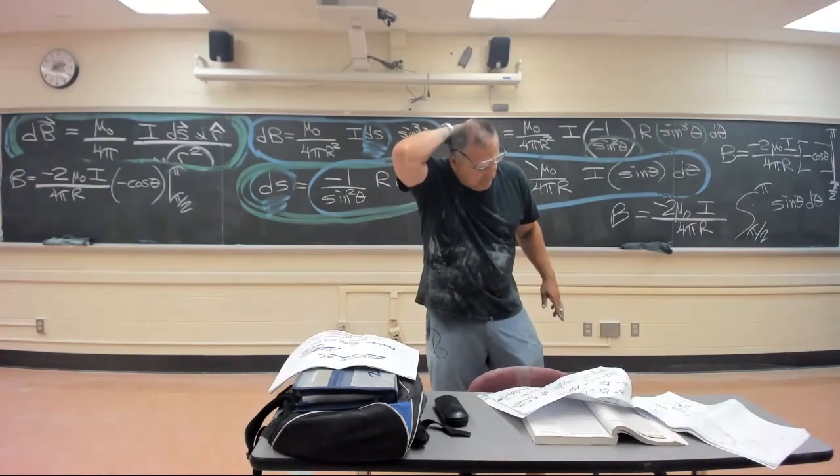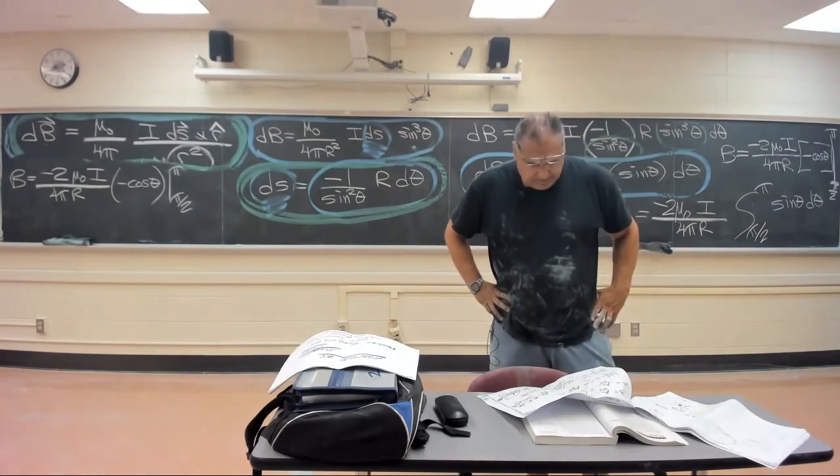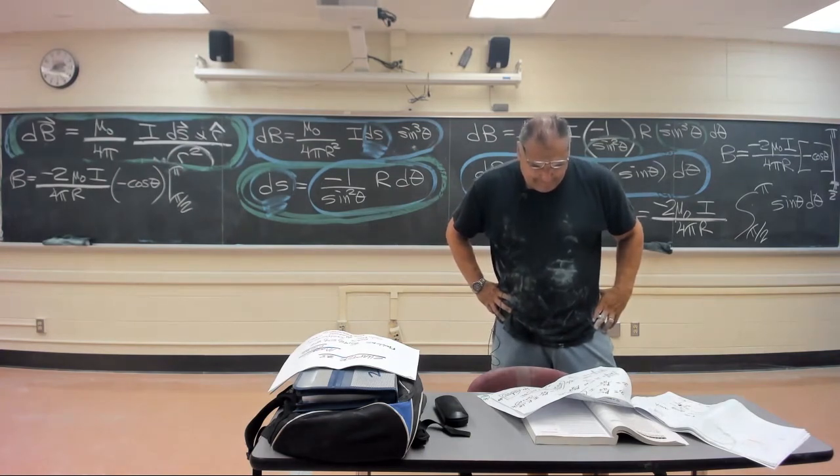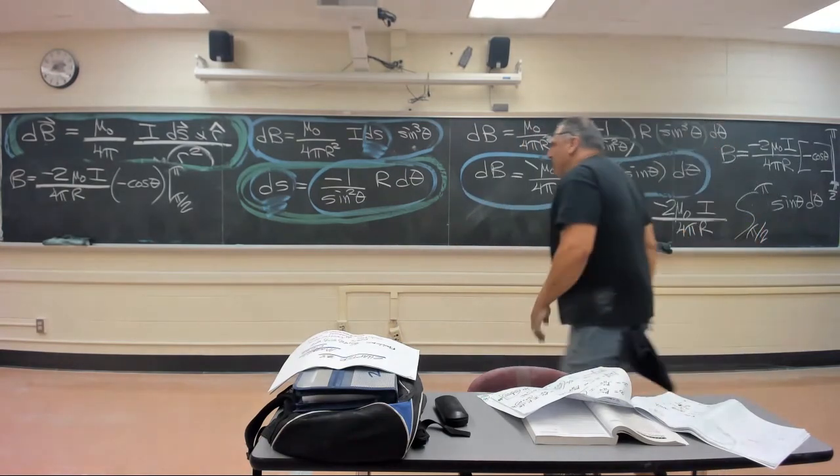I'm just trying to figure out what I might have done wrong here. 0 to pi over 2. I think there's another negative that should go in there, guys. We're going to get the right magnitude here.